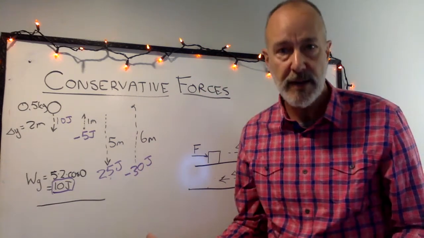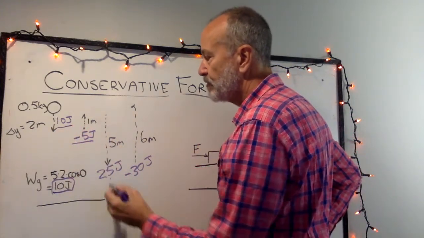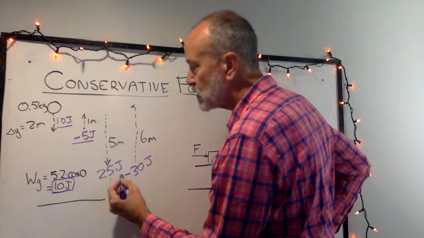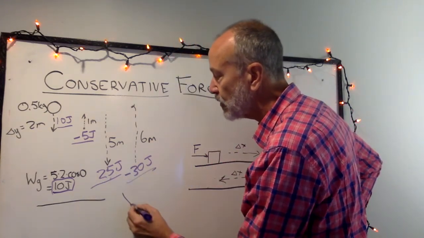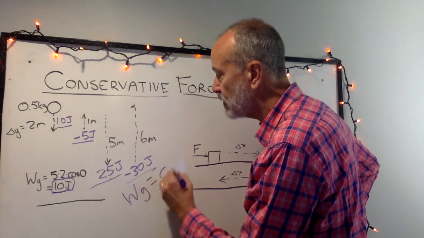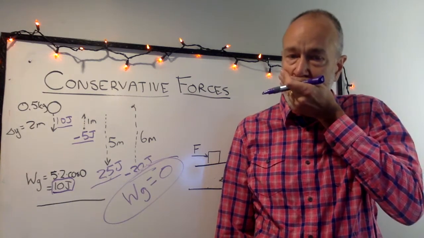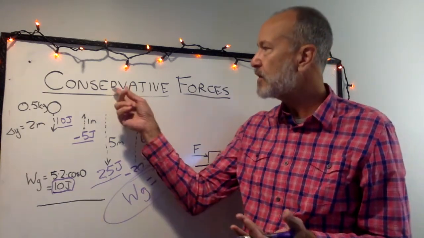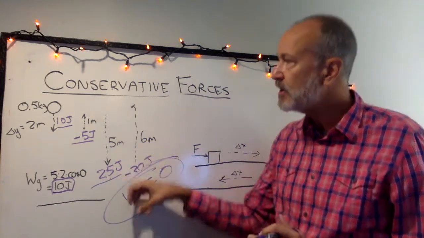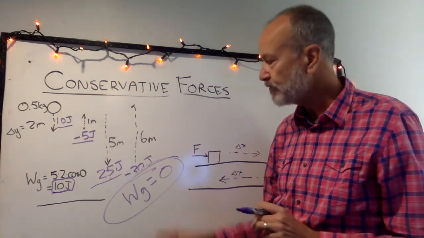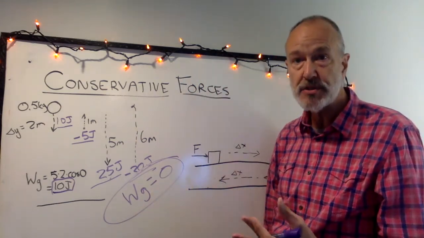Why did I bother doing all that? Because look at this. 10 plus negative 5 is 5, plus 25 is 30, minus 30, so the total work done by gravity over the whole trip is 0 joules. This is what a conservative force does: if you return to the original position on that whole round trip, the work done by that force is 0.